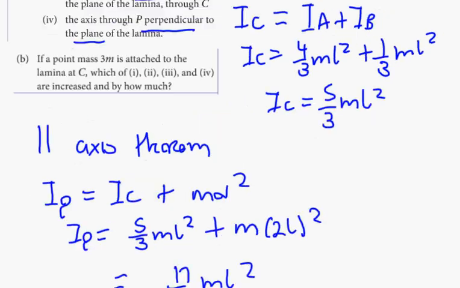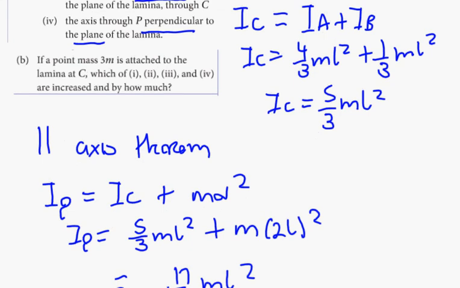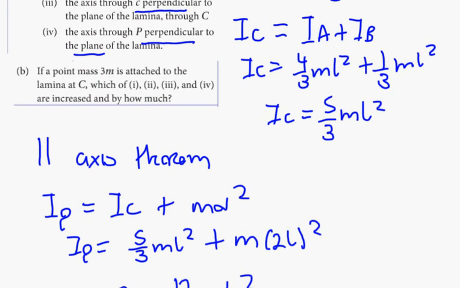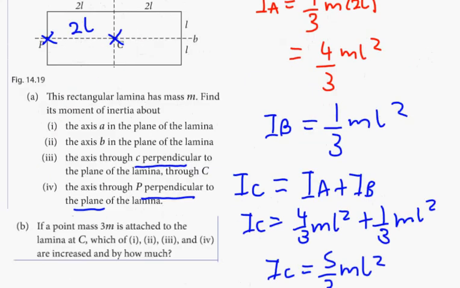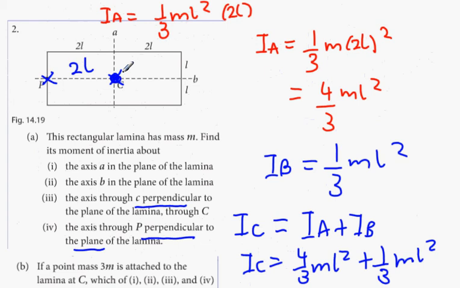Okay, part B. If a point mass of 3m is attached to the lamina at C, which one of 1, 2, 3 or 4 are increased and by how much? It's attached at the centre of gravity.